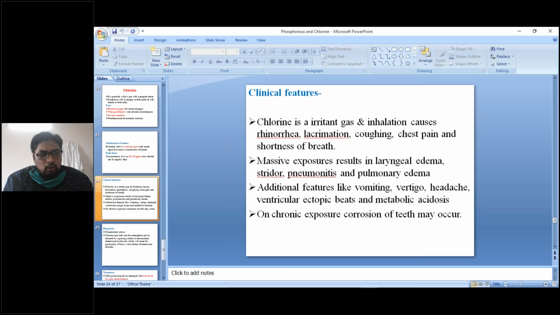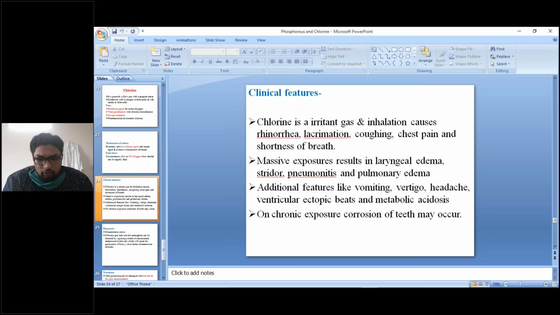Clinical features of chlorine poisoning. Chlorine is an irritant gas, and inhalation causes rhinorrhea, lacrimation, coughing, chest pain, and shortness of breath. Massive exposure can lead to laryngeal edema, stridor, pneumonitis, and pulmonary edema.